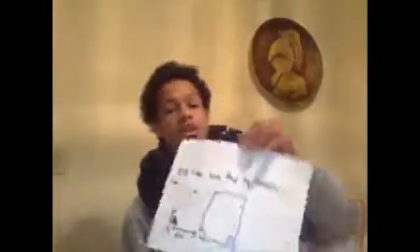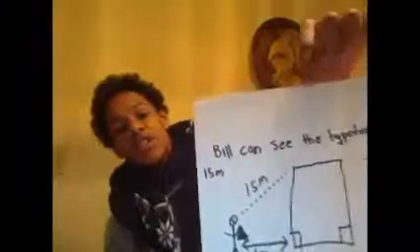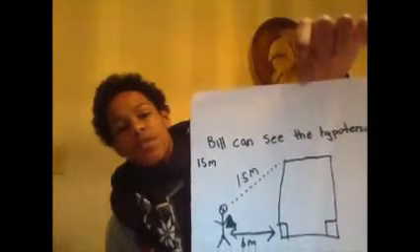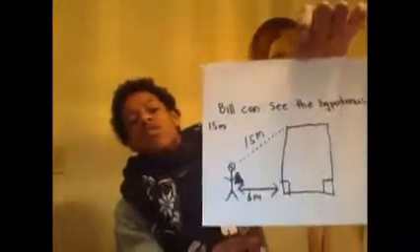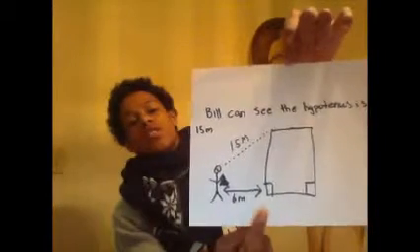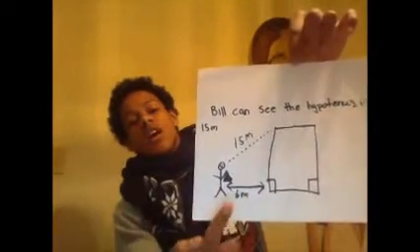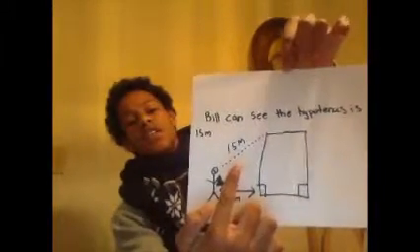So now we have these two pieces of information to work from: 6 meters away, 90 degrees. He also could see, looking at it, he goes, you know what? That refrigerator looks pretty close to 15 meters away. So as you see, you have your 90 degrees, you have your 6 meters, and you have your 15.